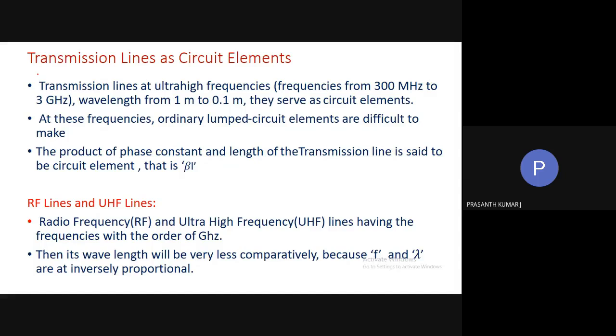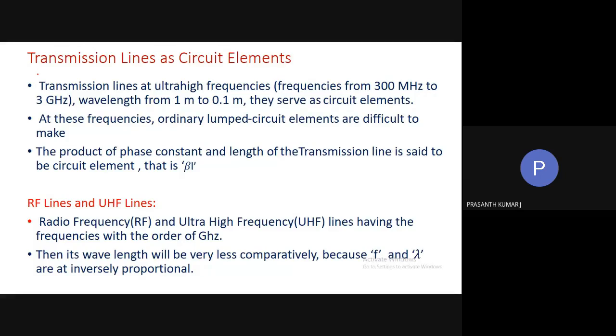In the lab we have seen resistors, capacitors, inductors, many components like that. Physically we can see those components; those are called lumped elements or lumped parameters. Suppose there is a resistor, we can see how much resistance is there.